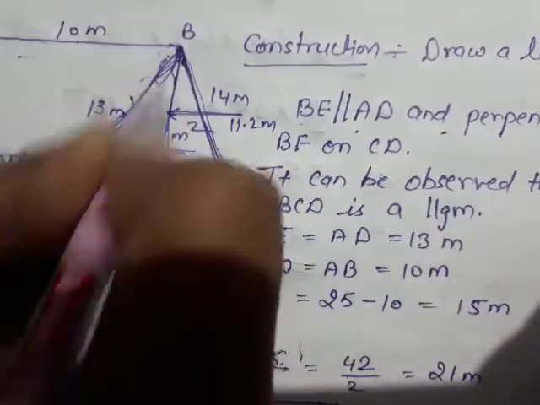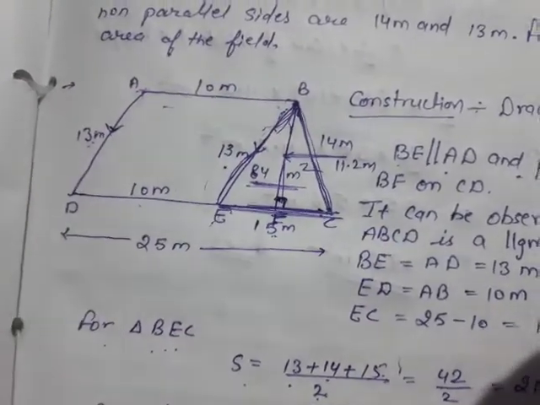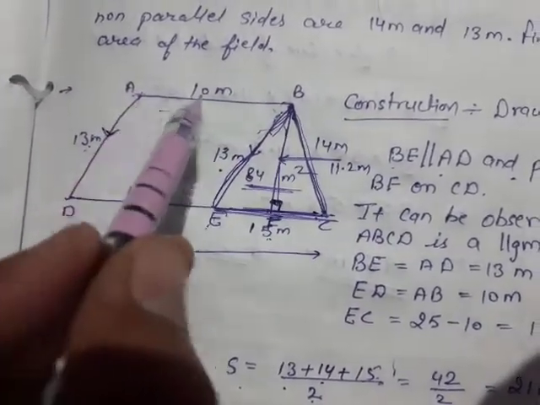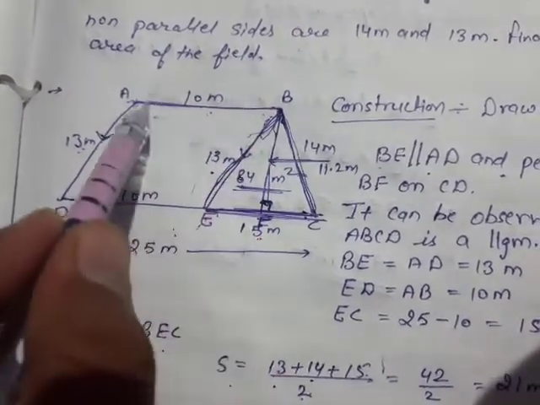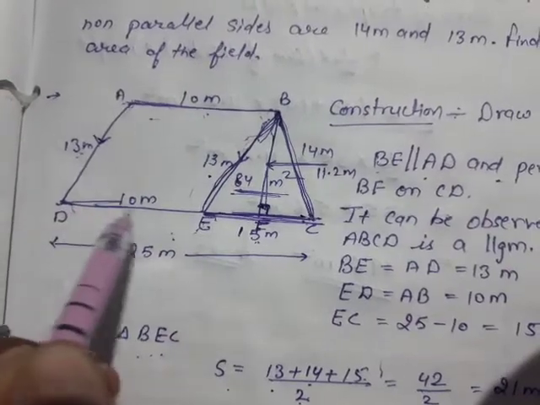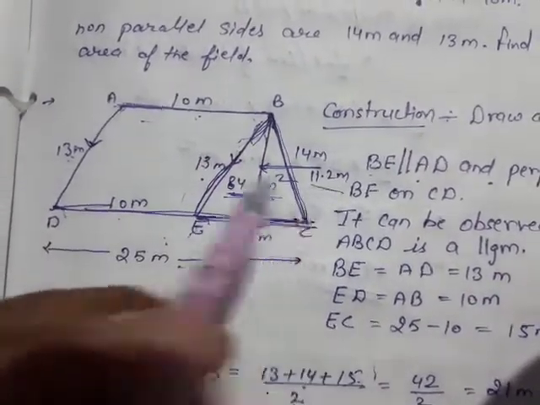Now ABCD is a trapezium, and we know that the area of a trapezium equals half into the sum of parallel sides into height. The parallel sides are 10 and CD, which is 25, and the height between them is 11.2 meter.